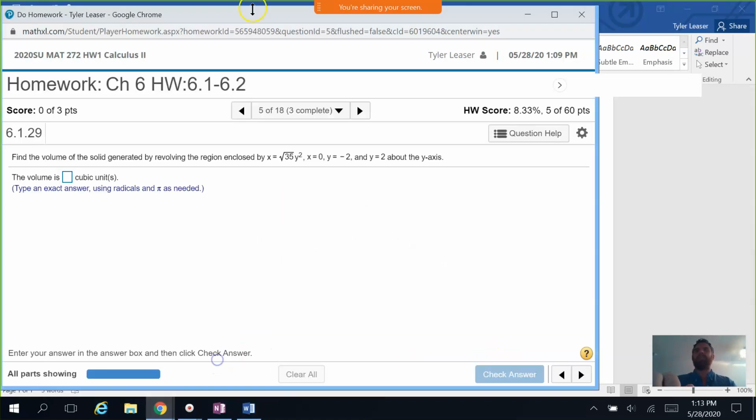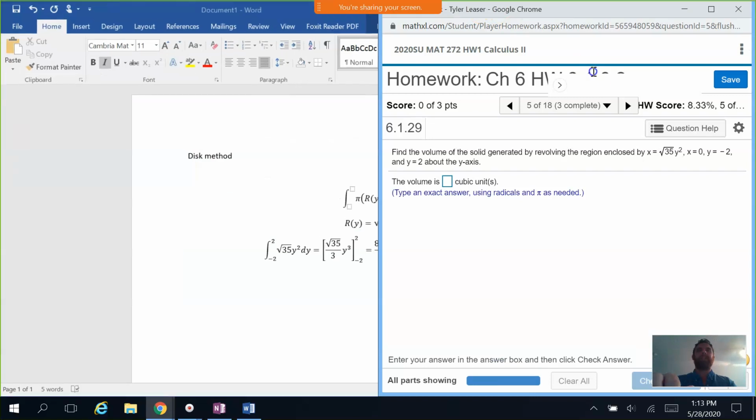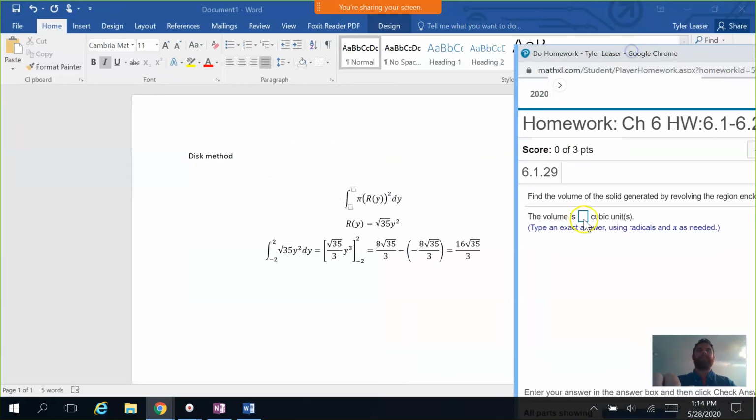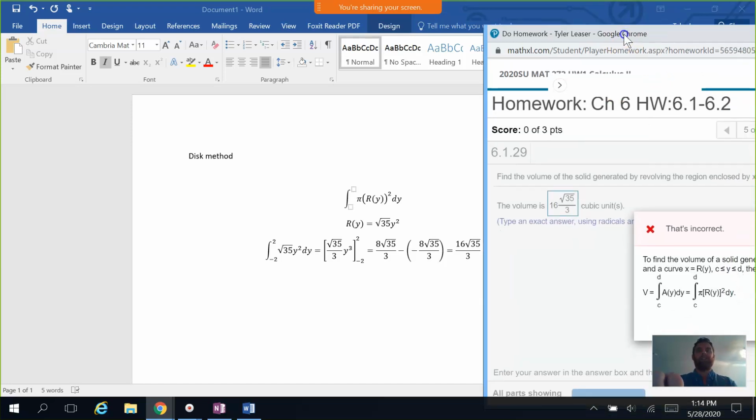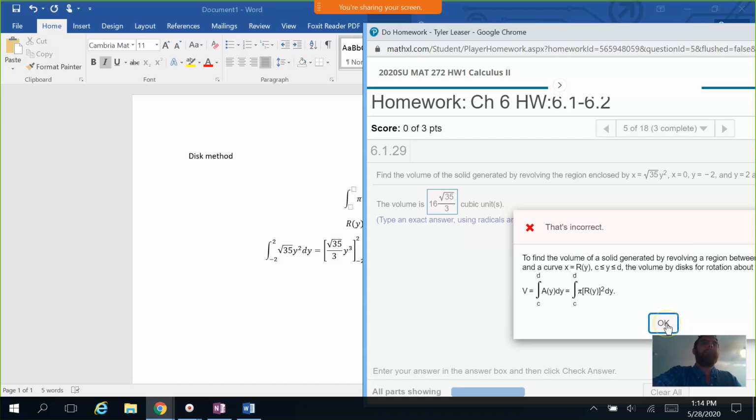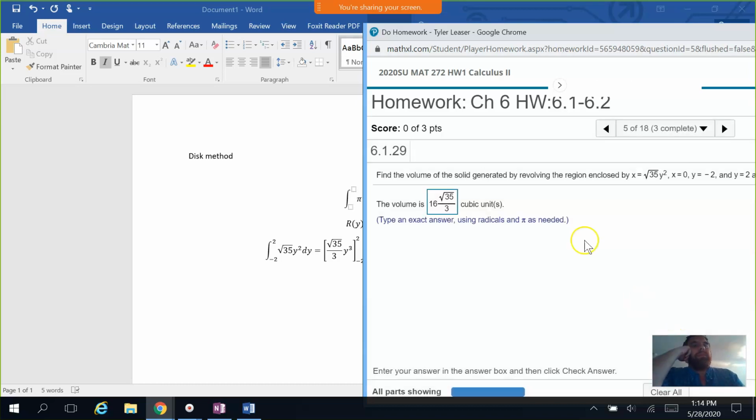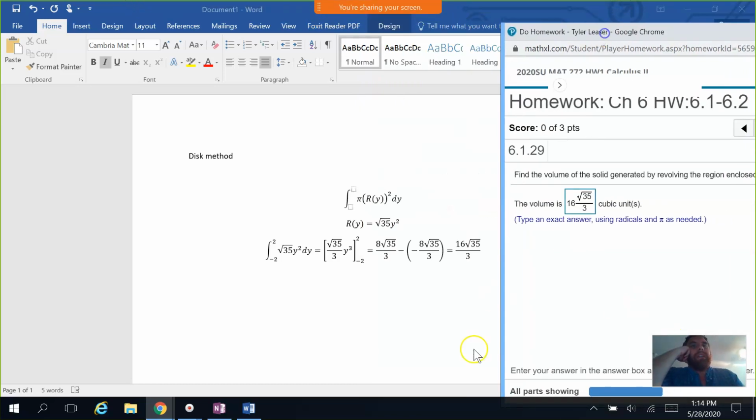I'll just go over and plug it into the homework, make sure we're right. 16, how do you do a square root in this? Yep, 35 over 3. Oh no, I goofed. I messed up somewhere.